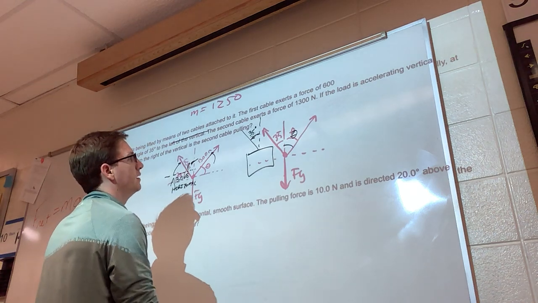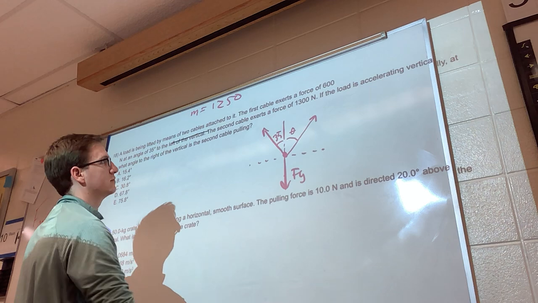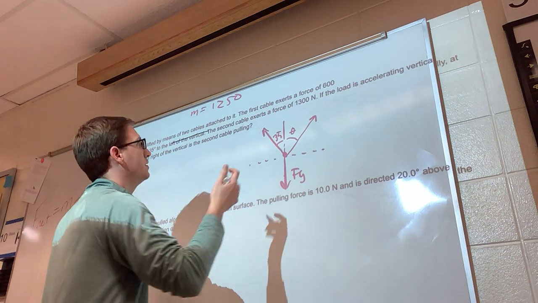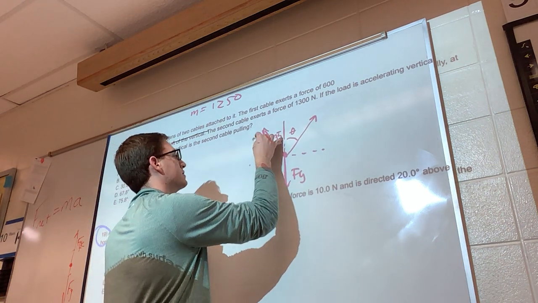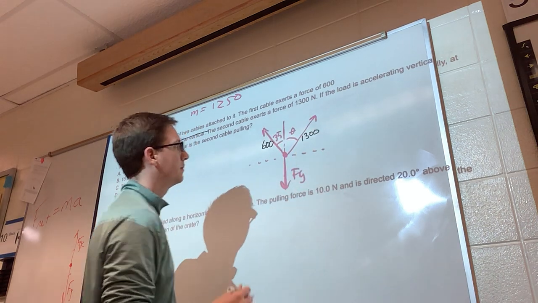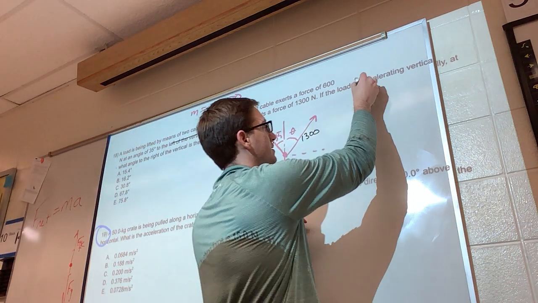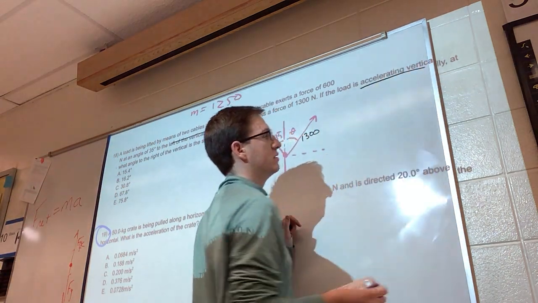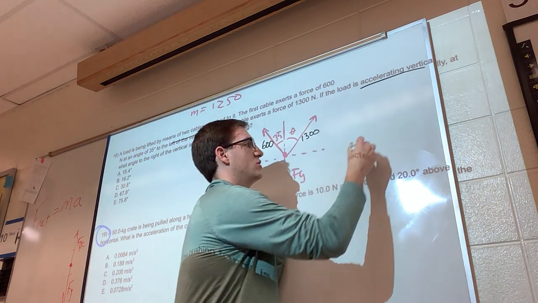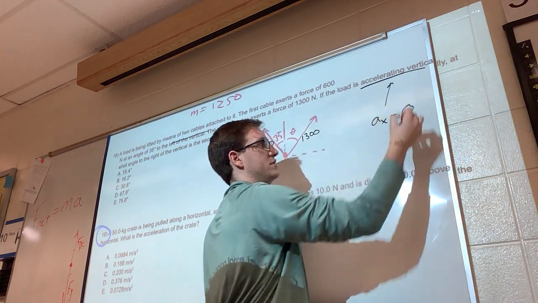Okay, I'll use your picture. This one is 600. This one's 1300. The important words for this one are accelerating vertically. So I know based on this that ax actually equals 0.